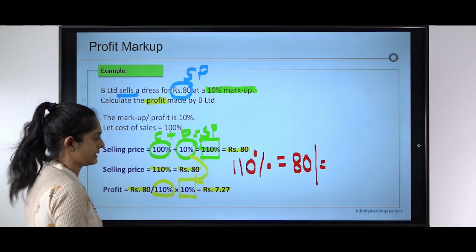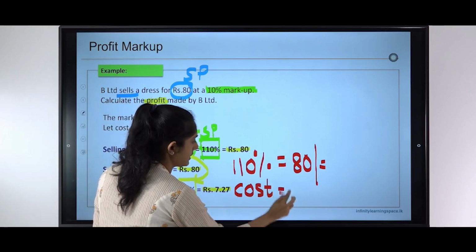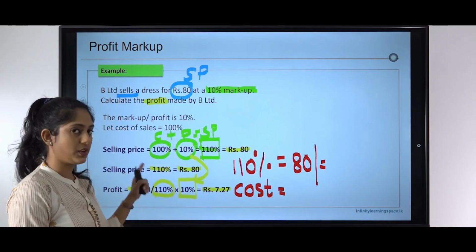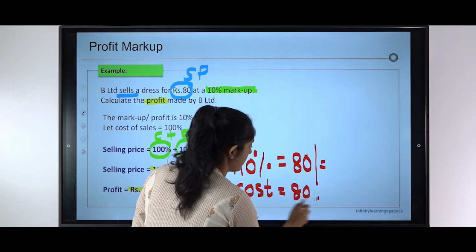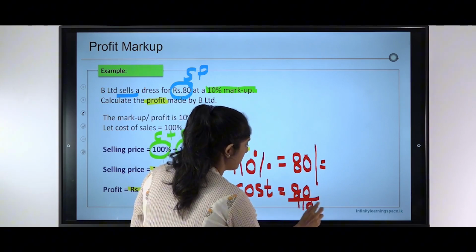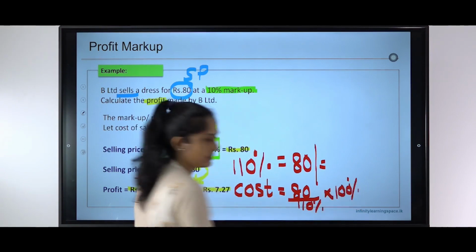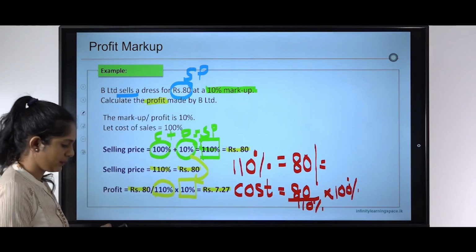The cost in this case will be, 10% is the profit, so 100% is the cost, right? So 80 over 110% into 100%.